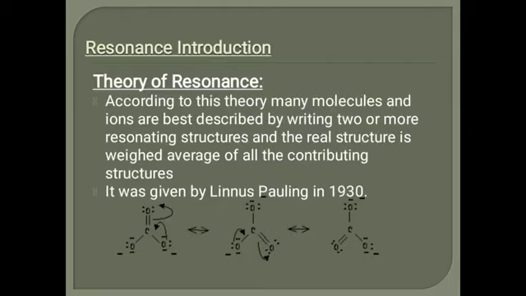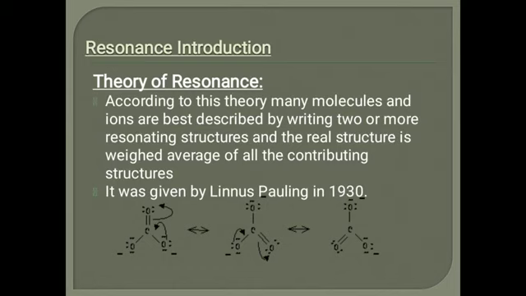Resonance introduction. Theory of resonance. According to this theory, many molecules and ions are best described by writing 2 or more resonating structures, and the real structure is the weighted average of all the contributing structures. Meaning the resonance explains molecules which are difficult to explain and have complexity in their structure.